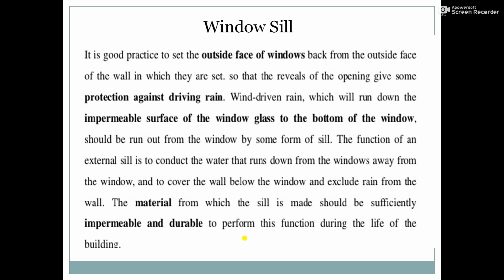The bottom part of the window opening is known as a seal. On this seal we are going to fix the tiles so that whatever rainwater comes from the window glass is drained off externally. The entry of that water into the wall is not permissible. Because of that we are going to provide the window seals in the structure.